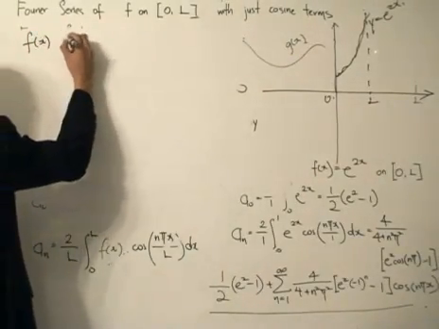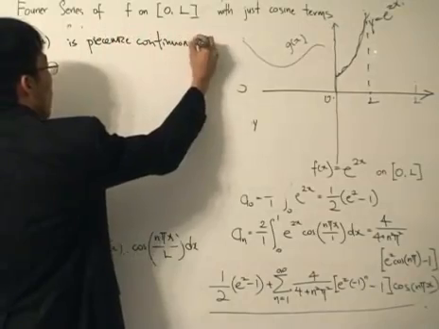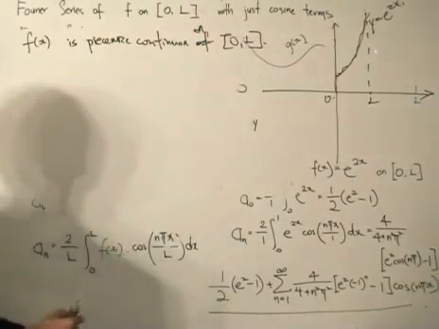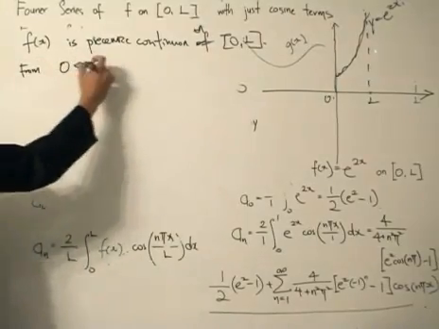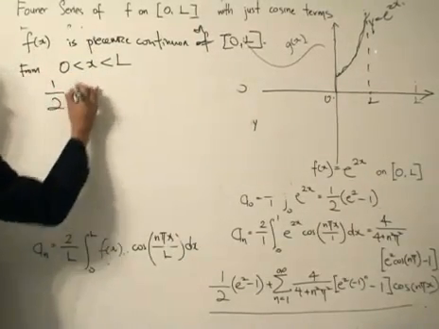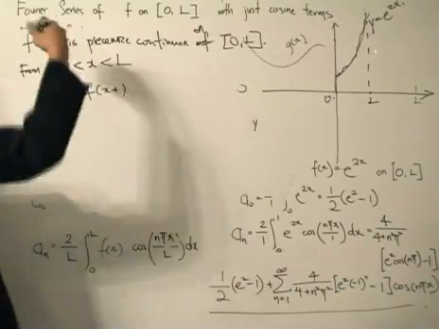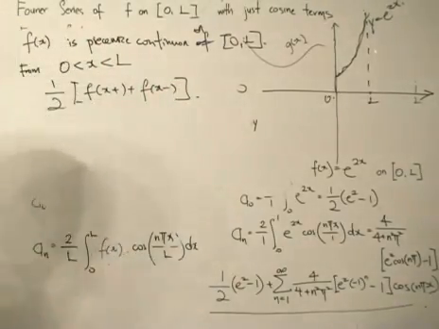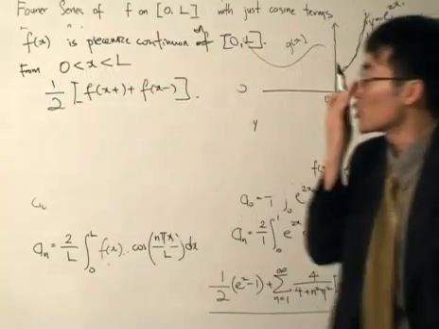So f of x is piecewise continuous on 0 to L. And then we say for x more than 0 and less than L, paying careful attention to the strict inequality, the Fourier series converges to the right-hand limit of x plus the left-hand limit of x, over 2. So this is our first basic rule. It's an extension of the first theorem we had about the convergence of series, noticing again the strict inequality.